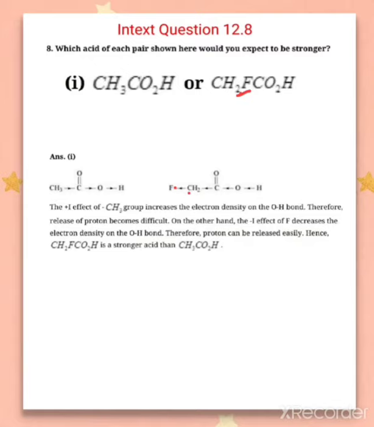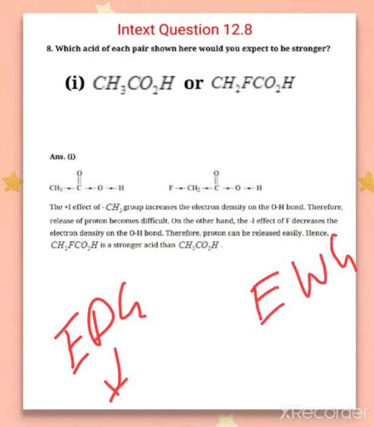As we have already learned in the previous video session, in the presence of an electron donating group the acidic character decreases, and if there is an electron withdrawing group, the acidic character increases. When you look at both cases, there is one methyl group here, and in the other, on that methyl group we have one F, which is an electron withdrawing group.